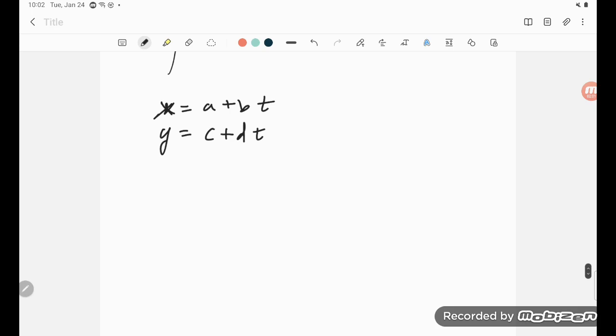And now we have four things we don't know, right? We don't know A, B, C, or D. Generally speaking, what we need are four relationships or four equations to find them all. In this, they're given to us in a pretty nice way.